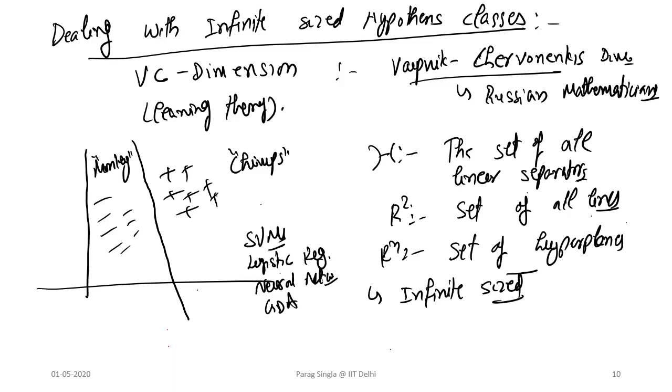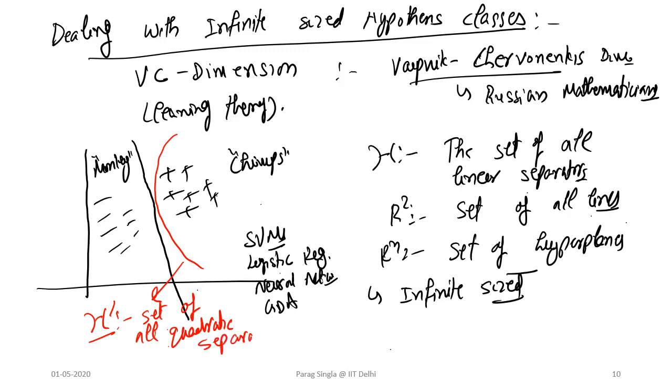And what is interesting is, how do we compare the representational capacity of this hypothesis class with, let's say, quadratic classifiers? So this is another hypothesis class, let's say H prime, which is the set of all quadratic separators.